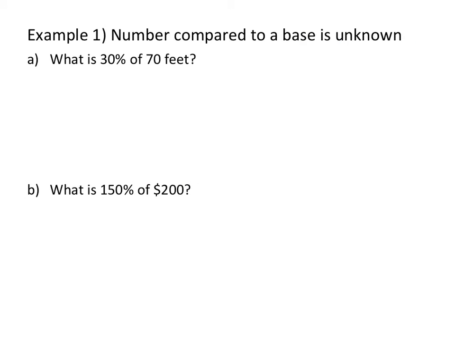So now we're going into finding percents or bases or unknowns, right? So the number compared to a base is unknown. Again, we're going to use this same thing that we did before. A is P% of B, right? We have a number being compared to a base, a percent, and then our base. So A is P% of B, and that's going to give me A is equal to P times B. So using this, 30%, I know my percent, right?